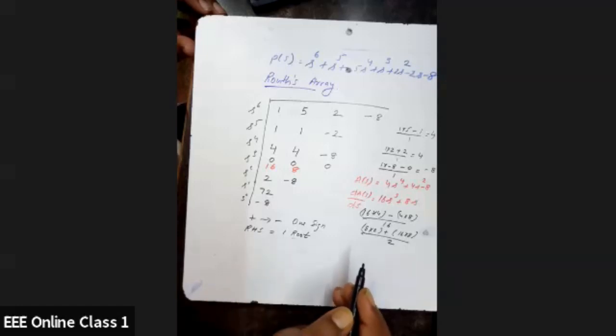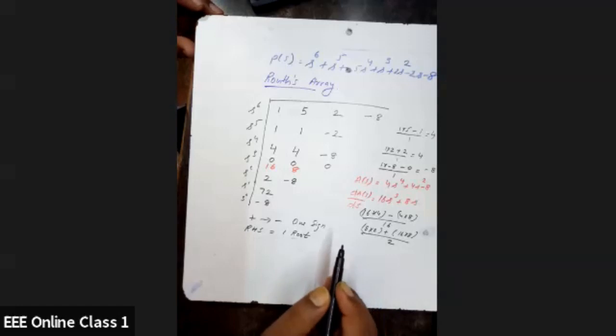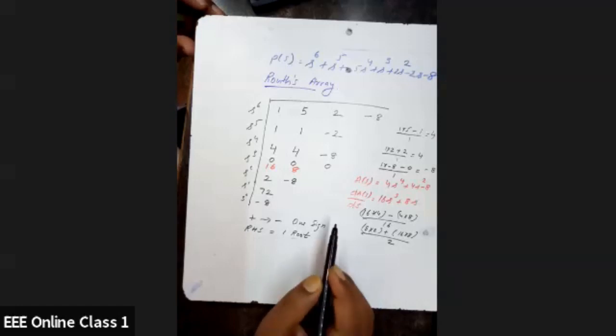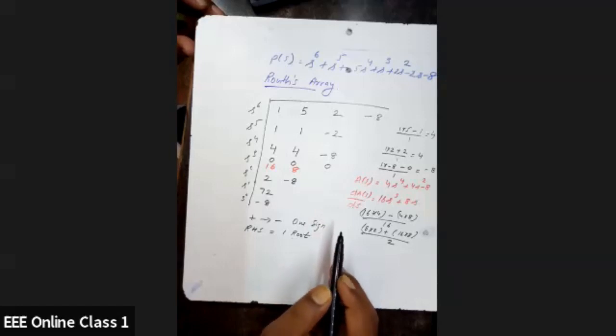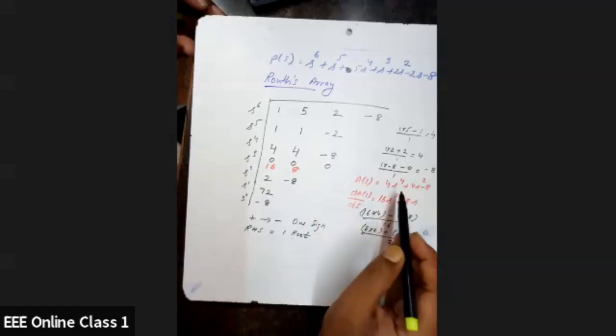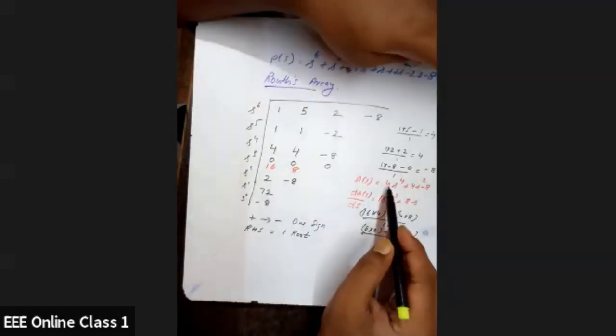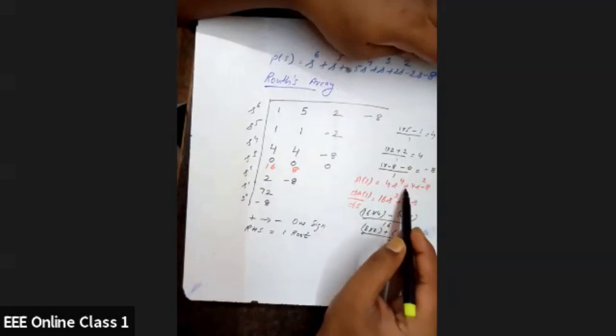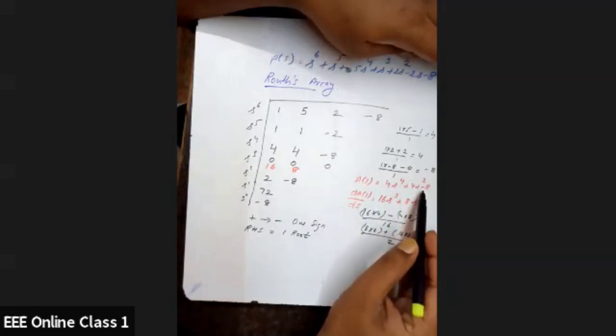Let us find how many roots are there in LHS and on the j omega axis. So for this, we will take the auxiliary equation. So our auxiliary equation is 4s4 plus 4s square minus 8. And let us find out the roots of this.